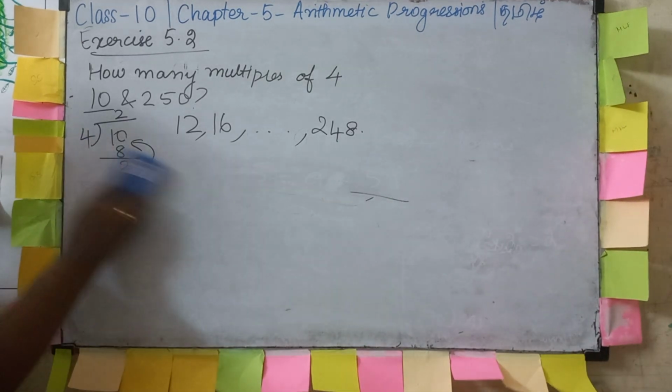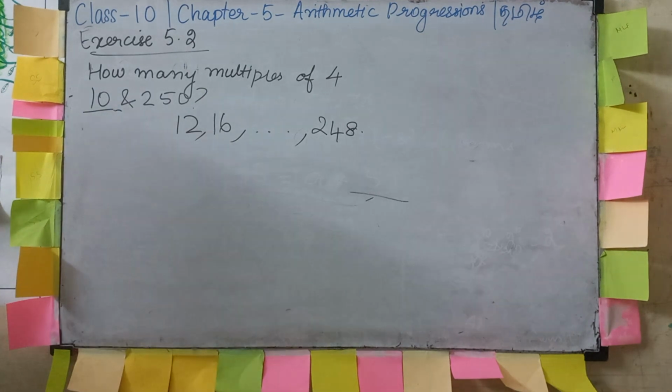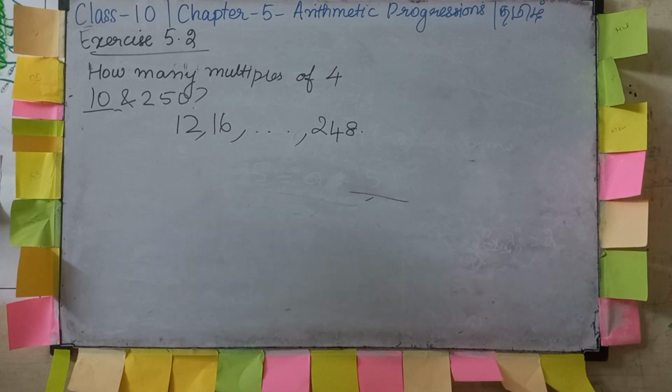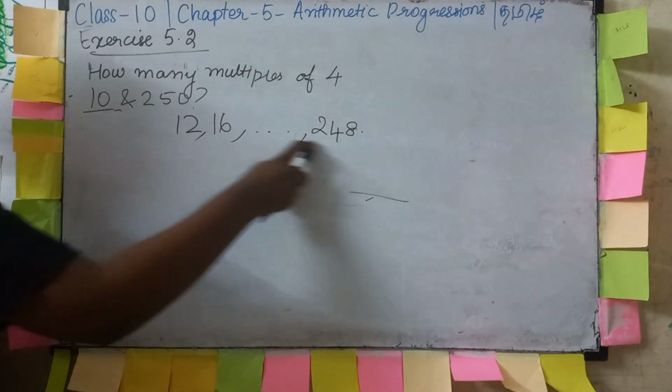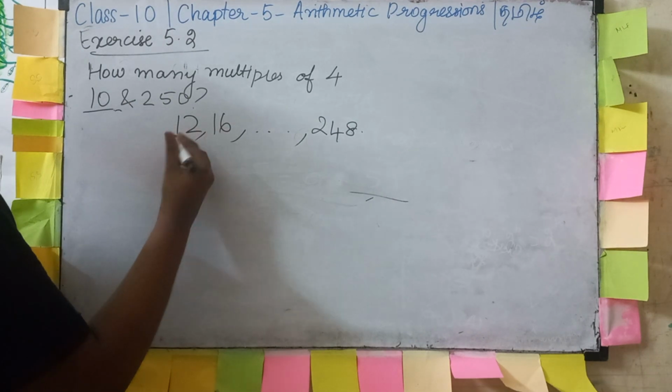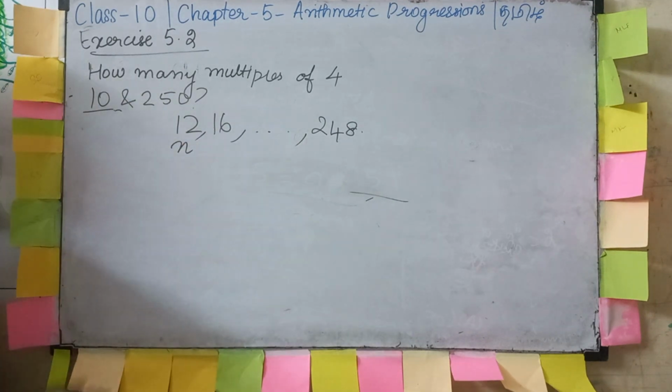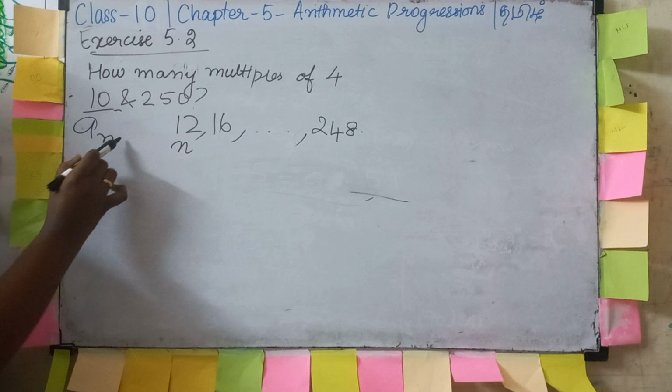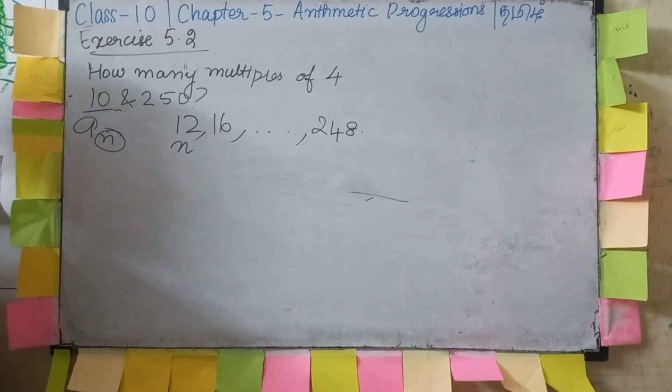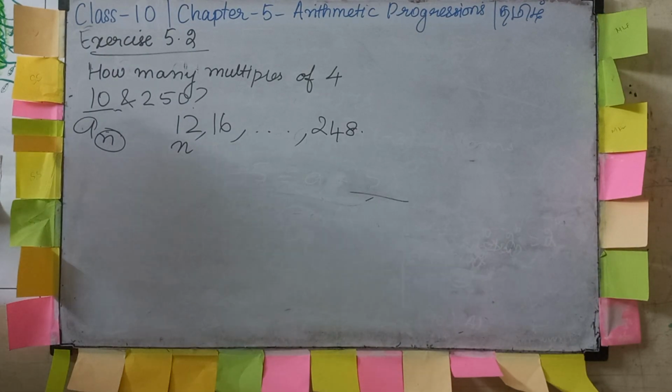Using the last term, how are we going to do this? How many multiples of 4 means you need to find the number of numbers. How many numbers are divisible means we are going to find n. We wrote a n, right? In that, this n we are going to find now.